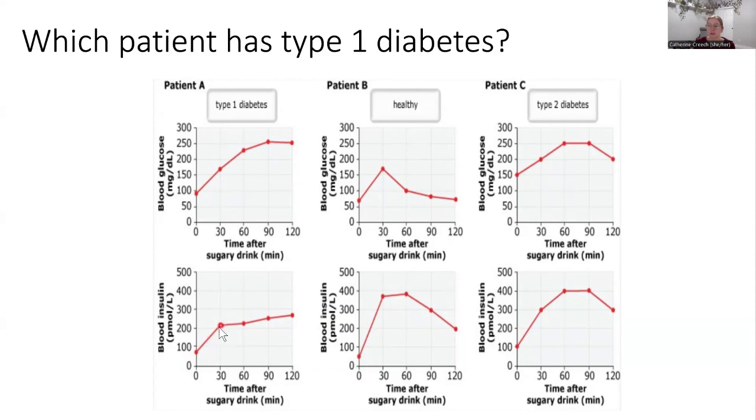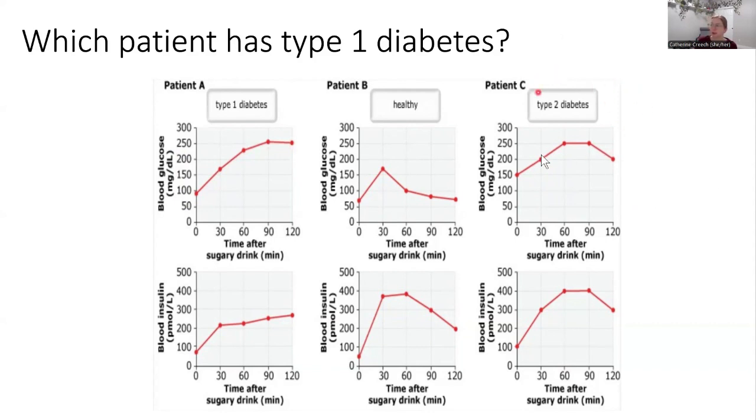And so their insulin level might spike a bit, but it does not have that giant jump like someone with functional beta cells producing high insulin levels. Because the insulin does not increase drastically, the glucose is not taken out of blood. So for type 1 diabetic, you have low insulin levels and high blood sugar levels.